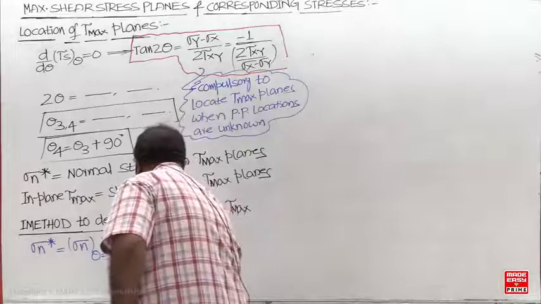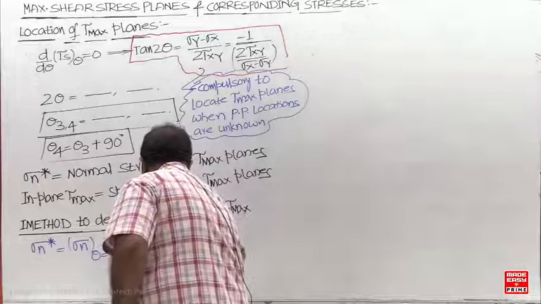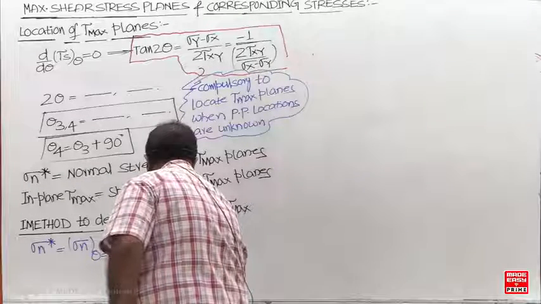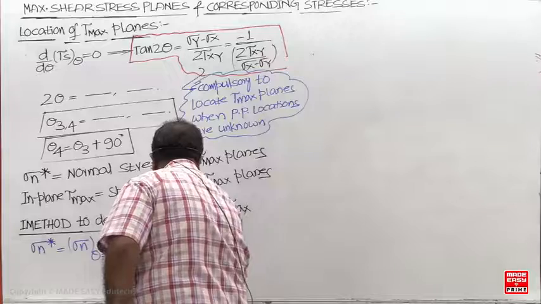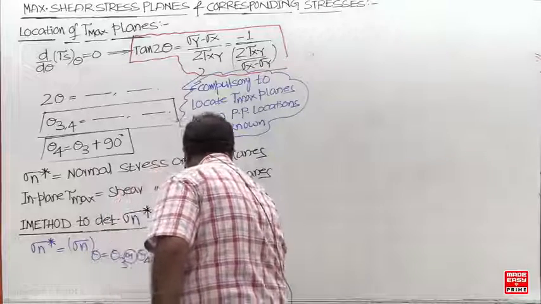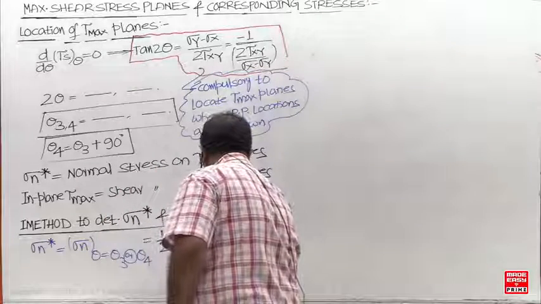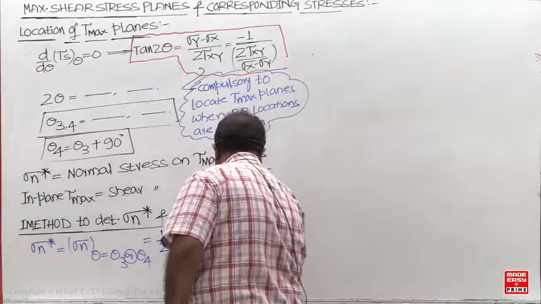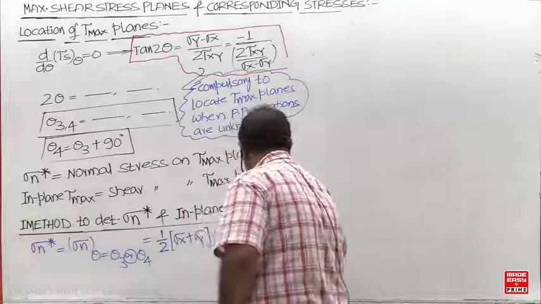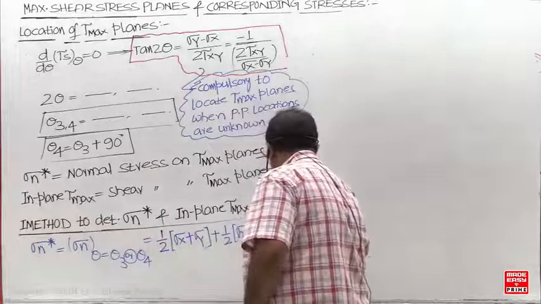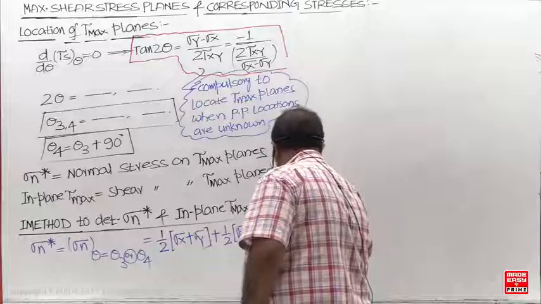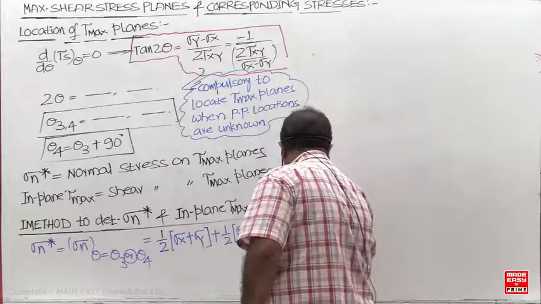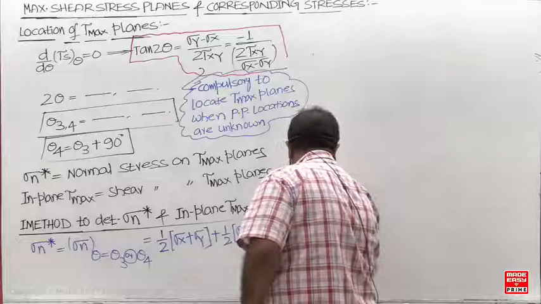So what is the sigma n equation? 1 by 2 sigma x plus sigma y, plus 1 by 2 sigma x minus sigma y cos 2 theta 3, and tau xy.